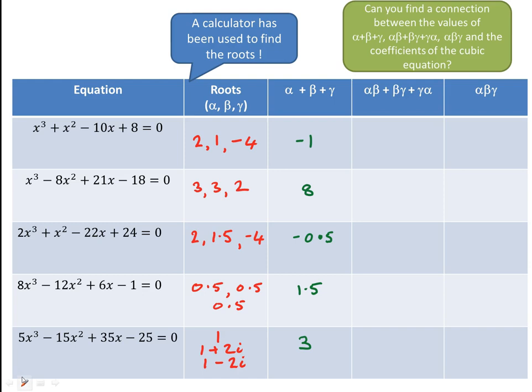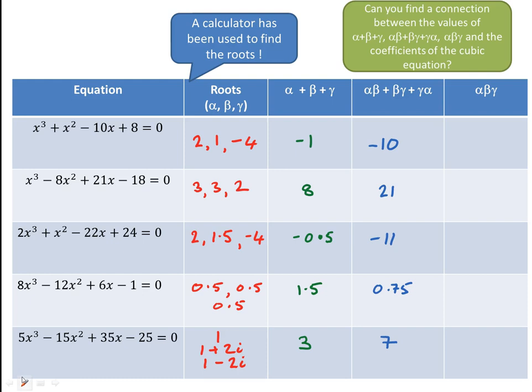See whether you can determine the pattern for alpha + beta + gamma and how it is linked to the coefficient of x³ and the coefficient of x². Then see whether you can find a connection between the values of alpha beta + beta gamma + gamma alpha and the coefficients in the equation.